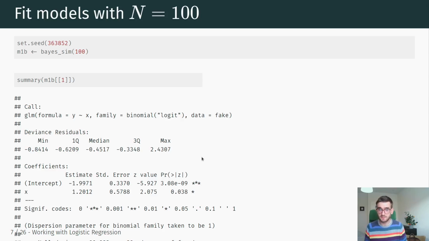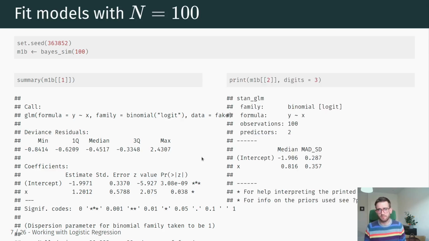Obviously, it's still statistically significant from a basic frequentist perspective, but it's certainly larger than the actual true value, and this is because logistic regression with small sample sizes tends to be biased and tends to have inflated coefficients. Okay, 100 is of course still not an extremely small sample, but we already see those effects.